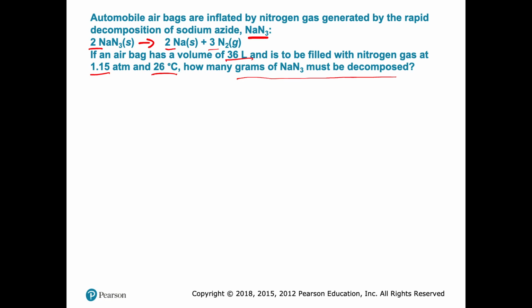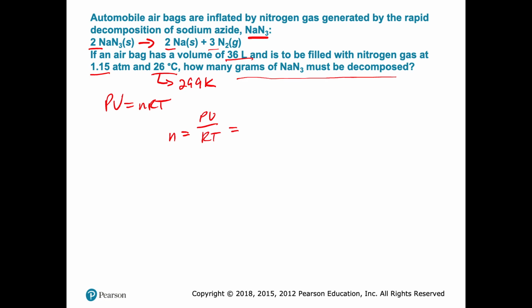So again, this is another PV equals nRT type of thing. So I would just go ahead and convert that to Kelvin, which should be 299 Kelvin. And with PV equals nRT, we'll rearrange it so that we get number of moles by itself. So n equals PV over RT.